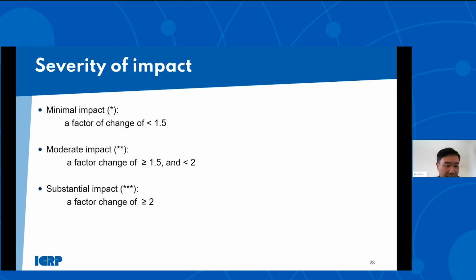For moderate impact, we give 2 stars, meaning a factor of change greater than 1.5 but less than 2. Then the third category is a substantial impact. We give 3 stars, meaning a factor of change greater than or equal to 2.